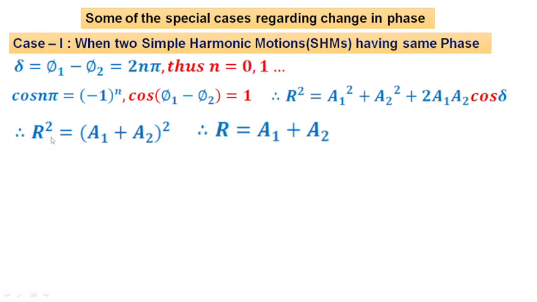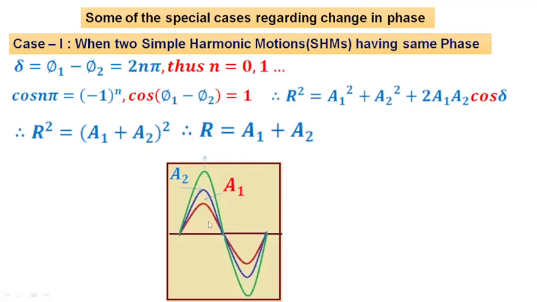So R square is equal to A1 plus A2 bracket square. So therefore capital R is equal to A1 plus A2, if delta is equal to phi 1 minus phi 2 is equal to twice n pi. See amplitude A1, amplitude A2, and this is the resultant of both A1 and A2.